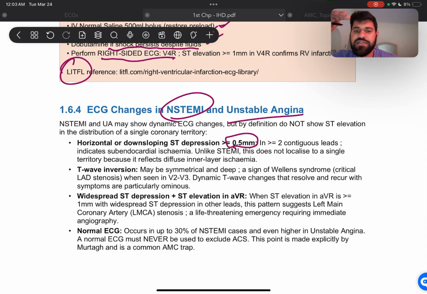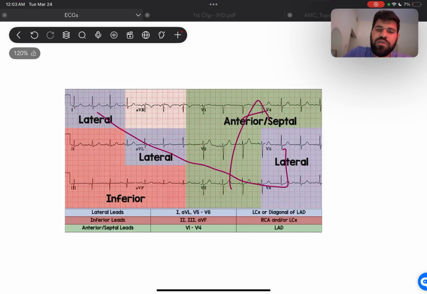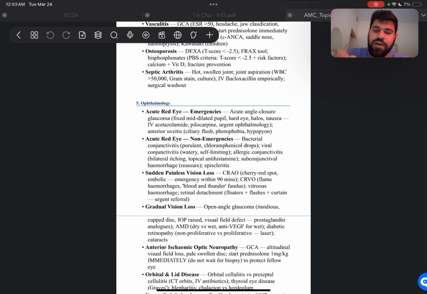However, if it's acute, or if the MI has been going on for a long time, which is very common for people living in the countryside without accessible healthcare, or people who, as we discussed, don't have pain as a symptom and just keep on ignoring it, the STEMI can then convert into an NSTEMI as well, where instead of elevation we see a depression. The ST depression is going to be more than or equal to 0.5 mm in more than 2 contiguous leads. Contiguous leads, as I said, are either the lateral ones, anterior ones, or the inferior ones, all of them together, one group after the other.